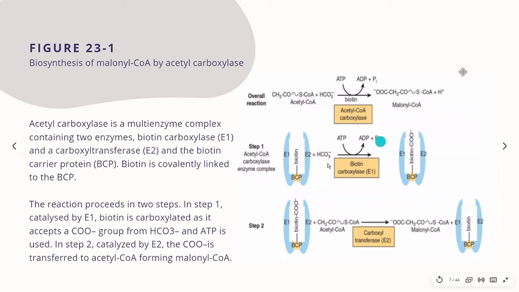This is a step-by-step reaction, but this is what we need to know. Acetyl-CoA with bicarbonate, acetyl-CoA carboxylase, malonyl-CoA formed. This enzyme is dependent on biotin. This enzyme requires ATP. So here is a step-by-step reaction. There are two enzymes, enzyme 1, enzyme 2. You see? So that's why it's called a multi-enzyme complex. Okay? Now let's have this.